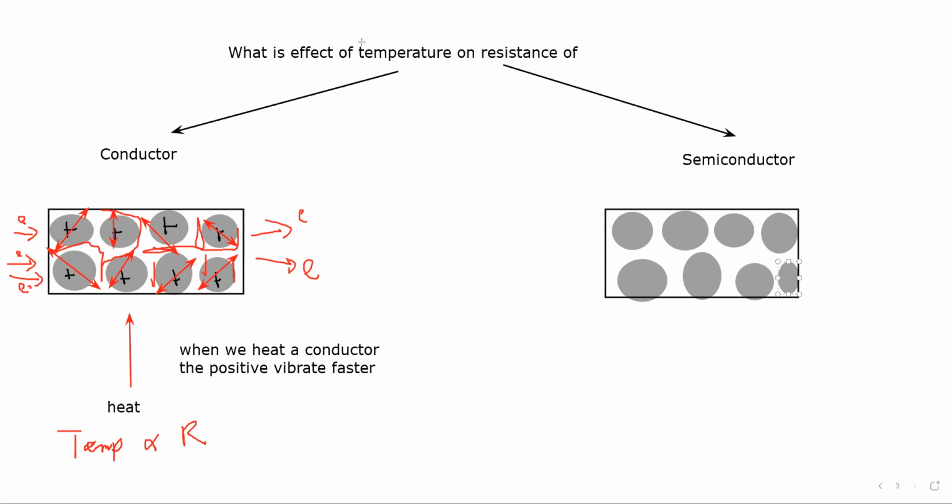Now, when we supply the heat energy, two things will happen. The vibration increases, that is one thing. But the second thing, what will happen? The atoms will lose their electrons.